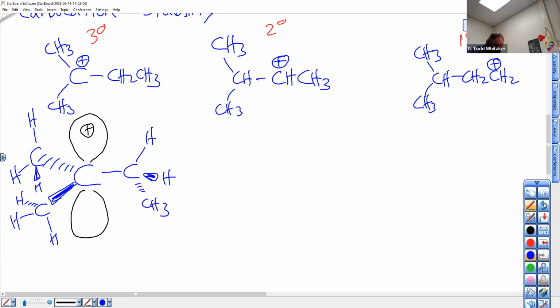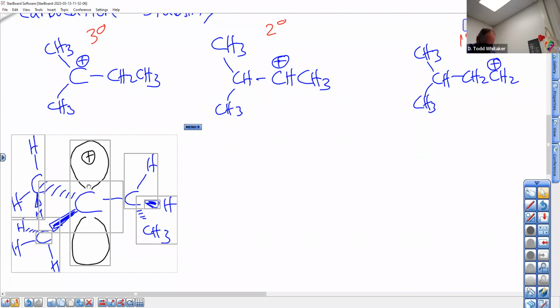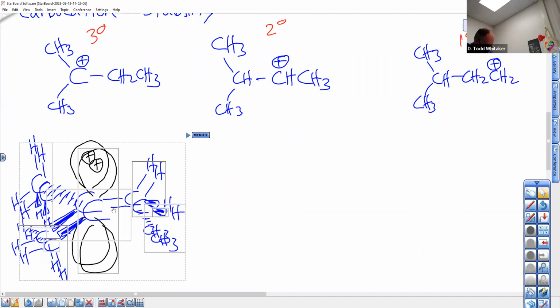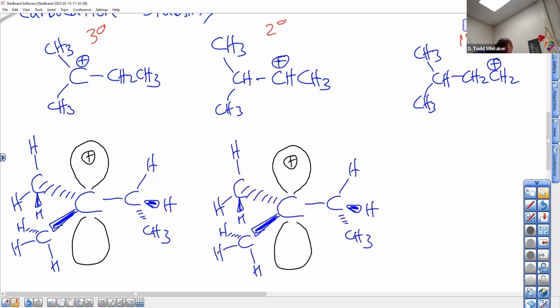Now, I want to edit it so it's the secondary one here. So this is just a CH3 over here, right? And the secondary carbon, one of those is an H. I need my big fat eraser here.